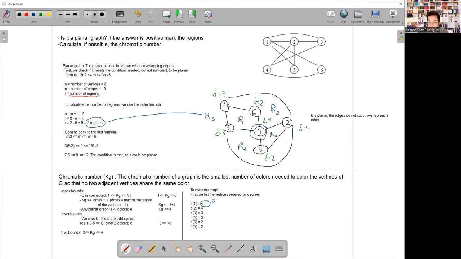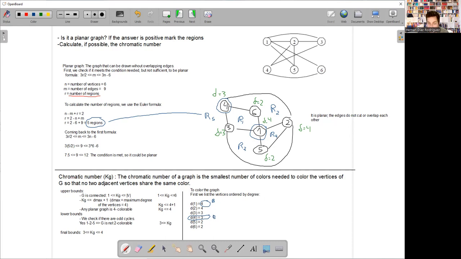And then we take the vertices that are not adjacent to 1, and we color them in the same color, right? So for instance, 4 is also colored in blue.